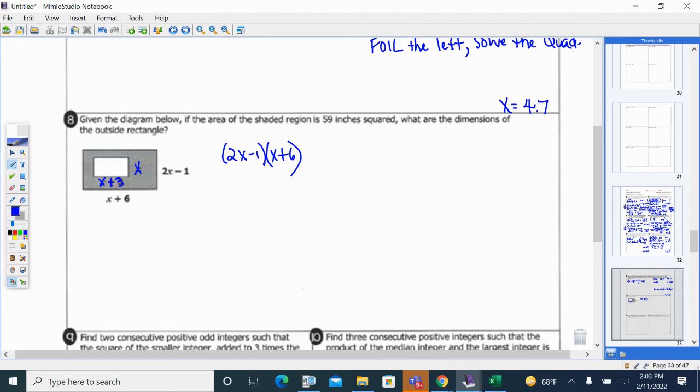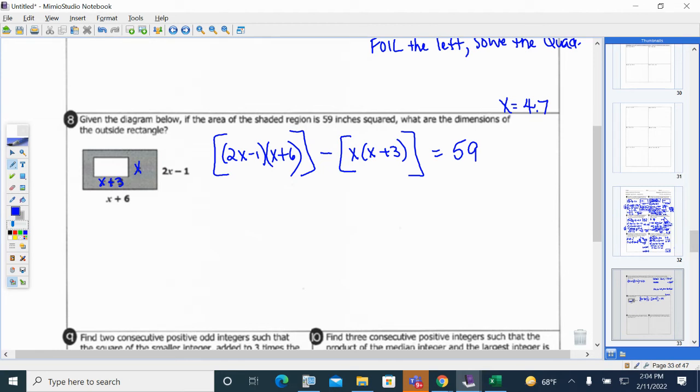And I'm going to add brackets here. We're going to subtract the area of the inner, which is going to be x times x plus 3. And that should be the area of the shaded, which is 59 inches squared. So that's how you set that up.